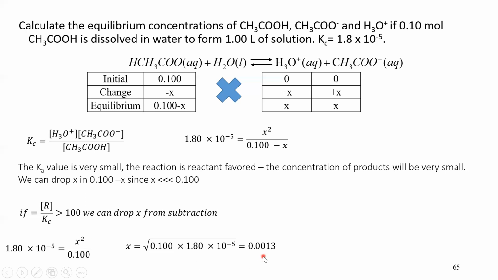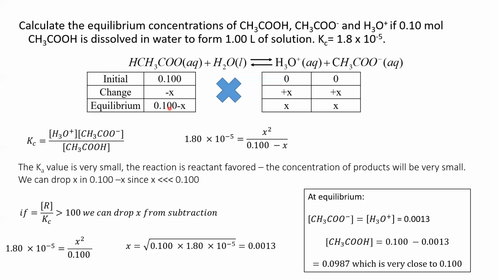So X equals 0.0013. Now think about that. This value here was 0.100. If we subtract 0.0013, it's really not going to change this number significantly. So we can eliminate it from our problem.